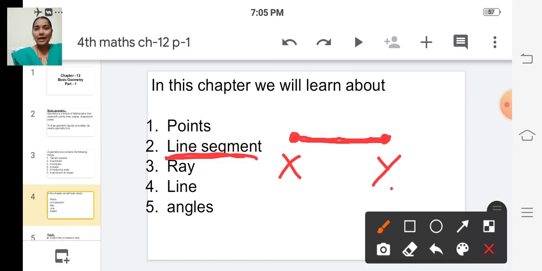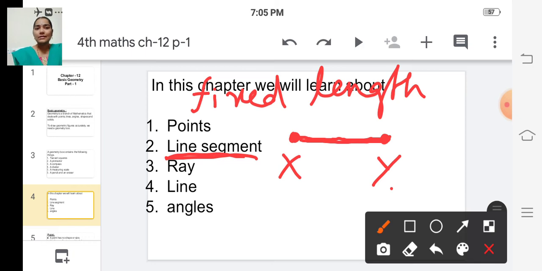A line segment has fixed length. We cannot extend it from any side. We cannot extend from X or Y. So a line segment has fixed length.